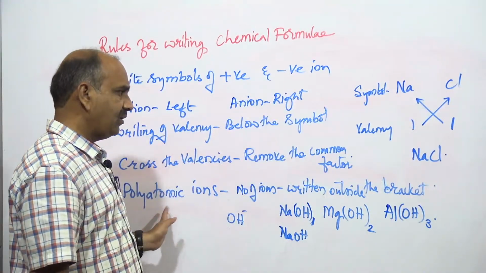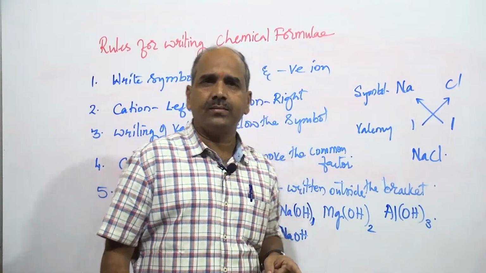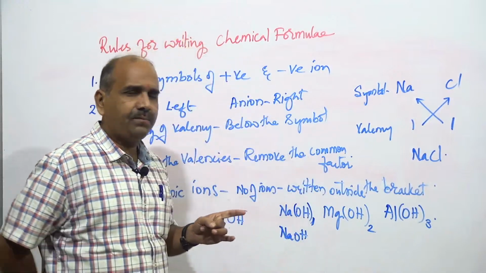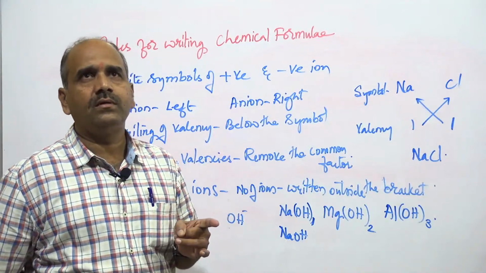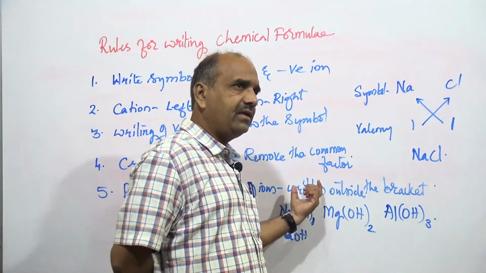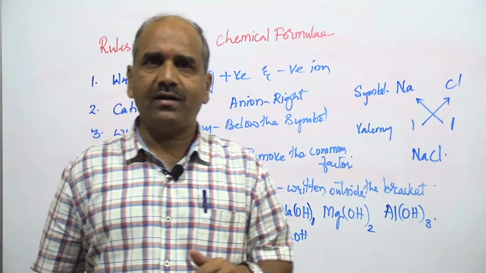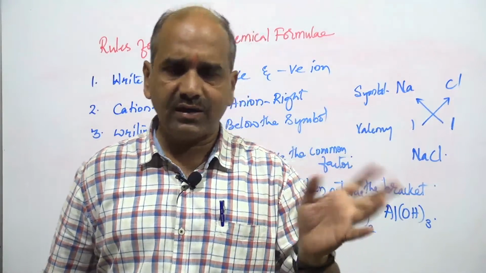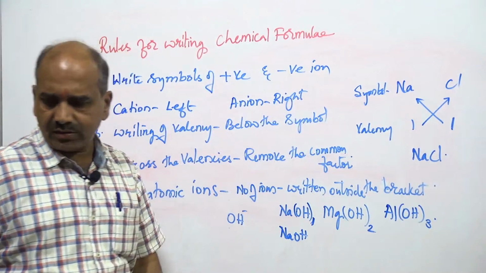The polyatomic ions, if they are present, like OH or maybe ammonium, or phosphate, for those you write it in a bracket, and outside the bracket, whatever number is required for crossing the valency will be mentioned finally.